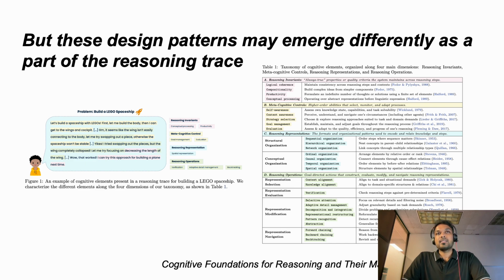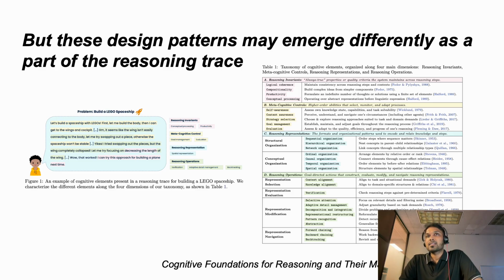So, for instance, there's this interesting study in which the authors of the Cognitive Foundations for Reasoning paper took a bunch of tasks and looked at the chain of thought reasoning traces of some popular models, and they checked if cognitive elements are present in these reasoning traces.